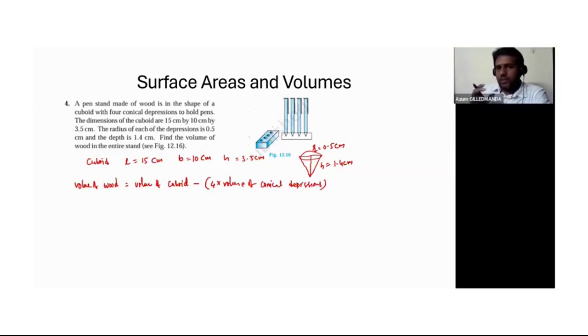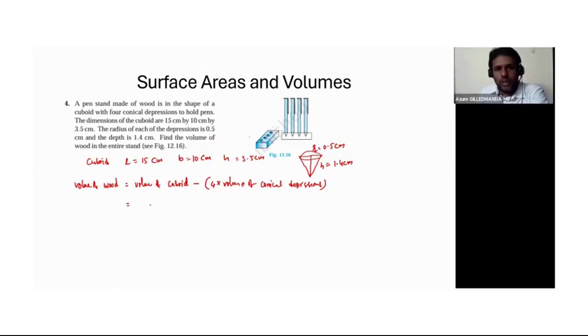Now you understood how I'm trying to get the volume of the wood. The volume of the wood is the volume of the entire cuboid minus 4 times the volume of each conical depression that was cut out of that cuboid.